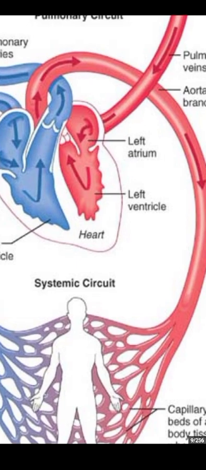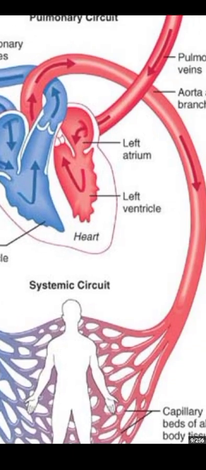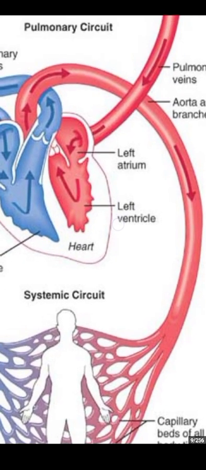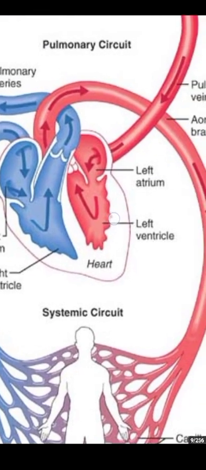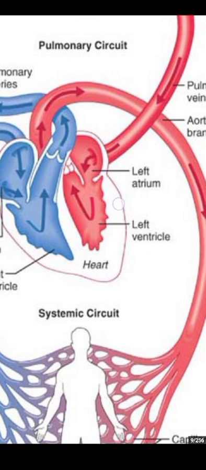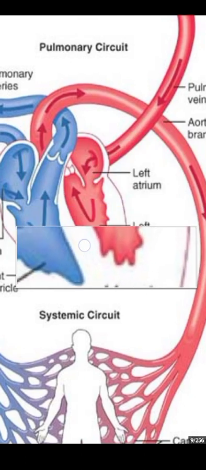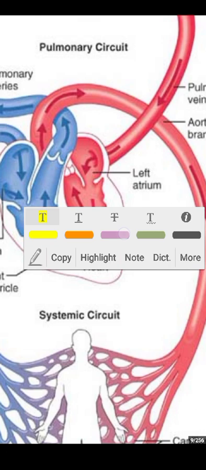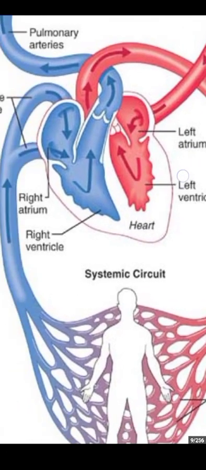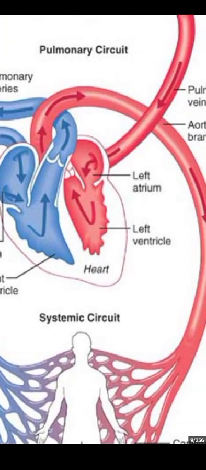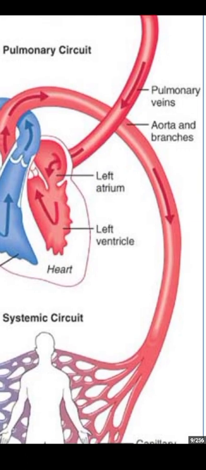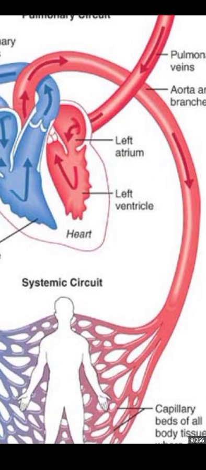The left ventricle has more myocardium than the right ventricle because of the systemic circuit. The systemic circuit needs more pressure than the pulmonary circuit, so the muscle activity is greater in the left ventricle than in the right ventricle. The purified blood from the pulmonary vein enters the left atrium, passes through the mitral valve, the bicuspid valve, into the left ventricle.